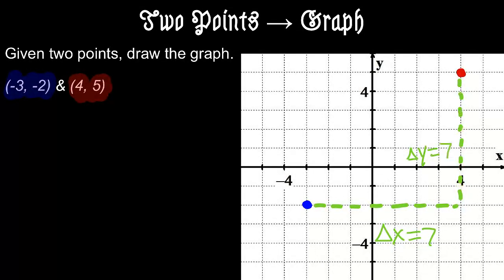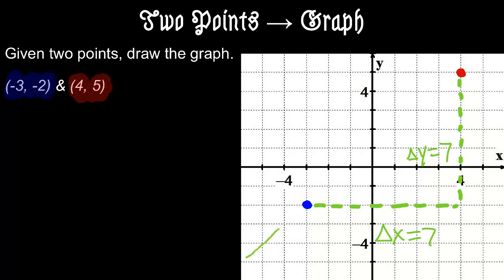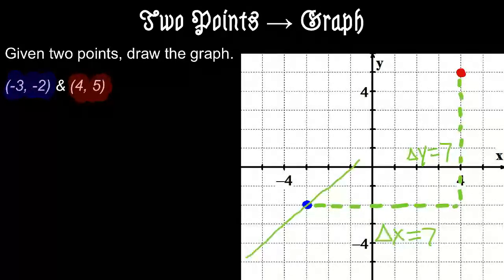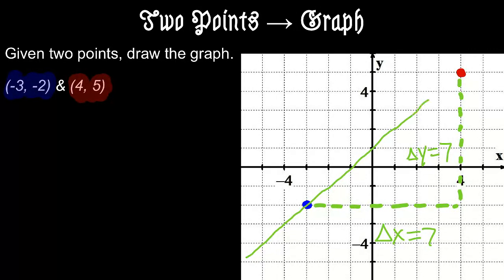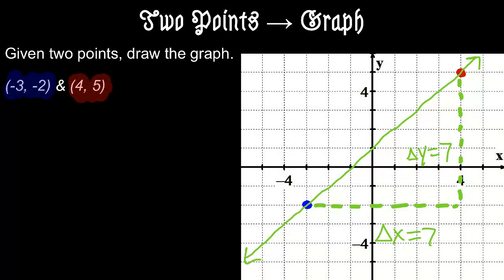Oh, my delta y is 7. So my slope is 7 over 7, which is 1, which means as I go to the right 1, I go up 1. So I'm going to be hitting the corners of all of those grid marks.